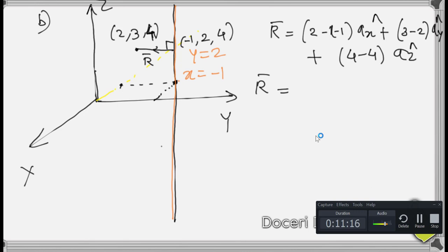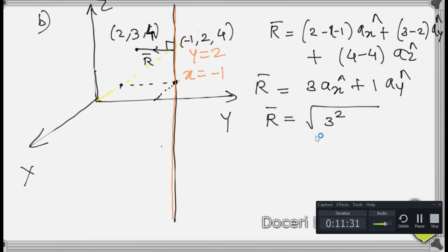So R bar is equal to 3 AX cap, minus minus will become plus here, plus 3 minus 2, 1 AY plus 0 AZ. So R bar in this case has magnitude square root of 3 square plus 1 square, that is 9 plus 1, 10... that is, square root of 5. So mod of R bar is square root of 5.